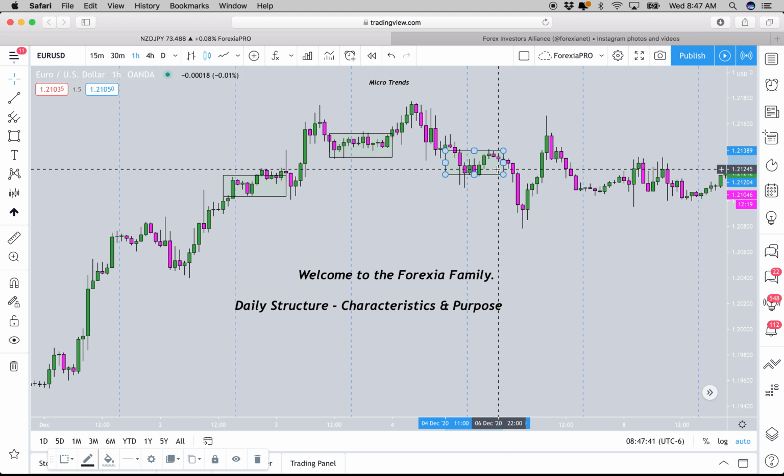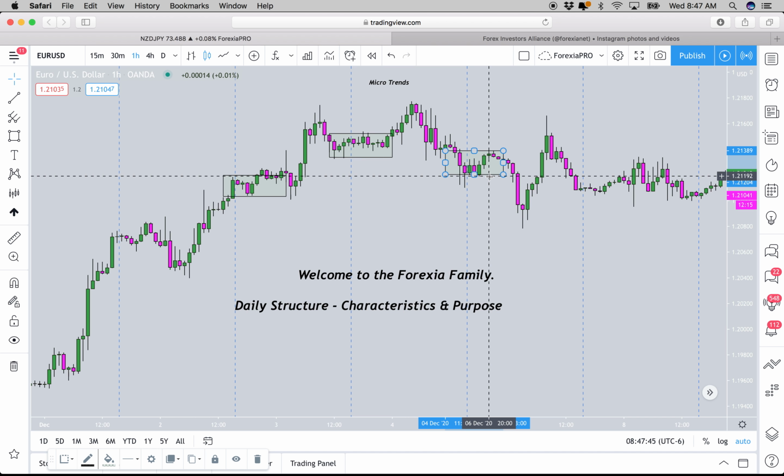But have you ever noticed that if you buy during the day, you are going to be sitting on your hands with zero profit most of the time because the market moves so little? Have you ever noticed that?